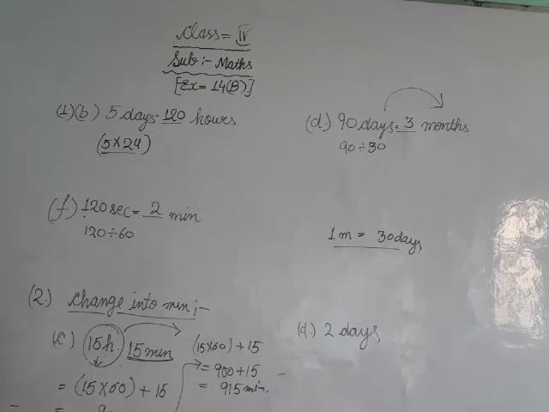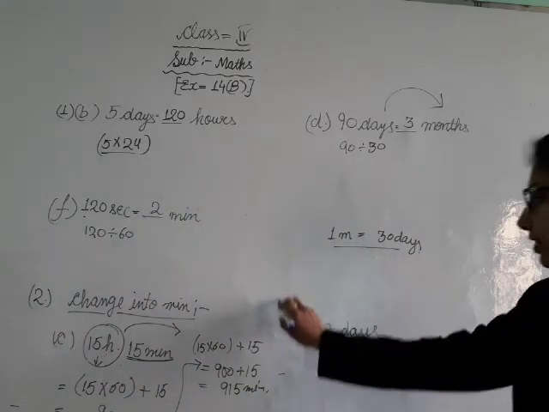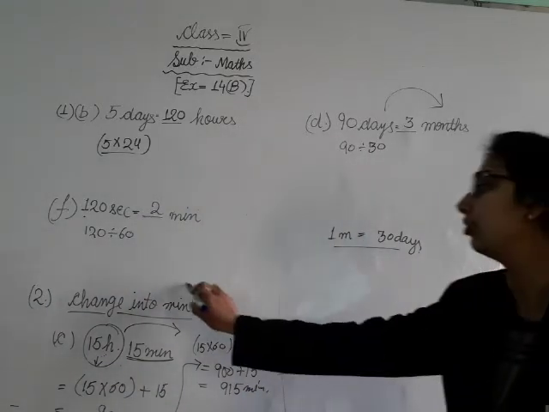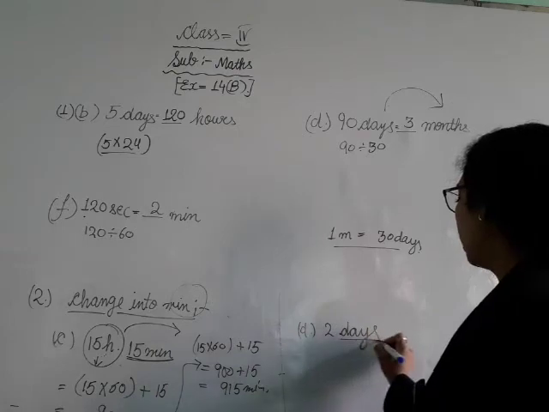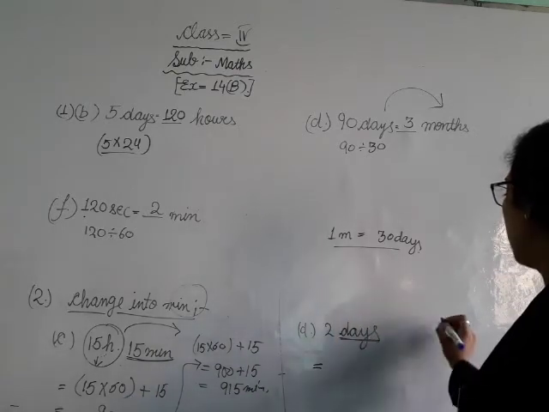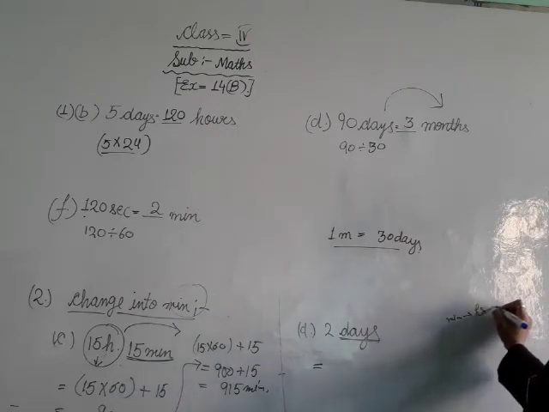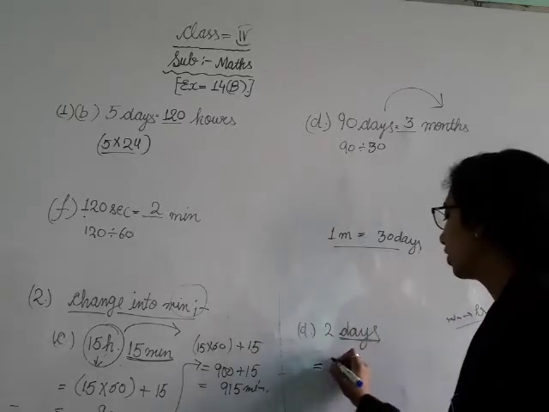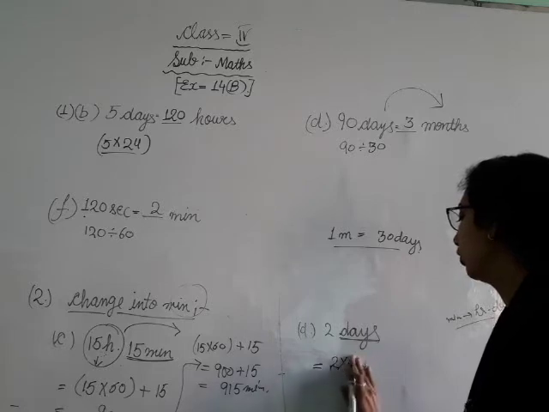Then moving towards our last part of the second question, that is of days. That also we have to convert into minutes. And how to convert it into minutes? First of all, we have to go days, hours, and then minutes. So first of all, 2 multiplied by 24.